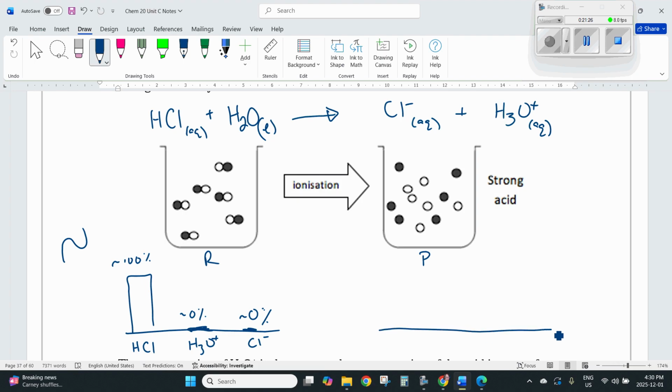How do your reactants differ from your products?